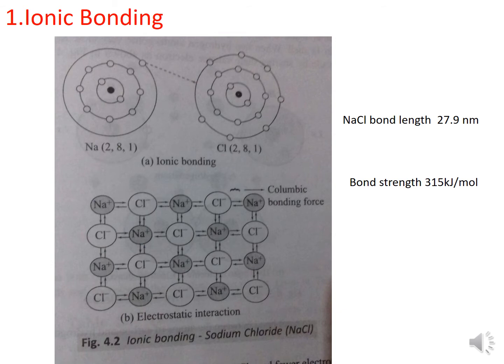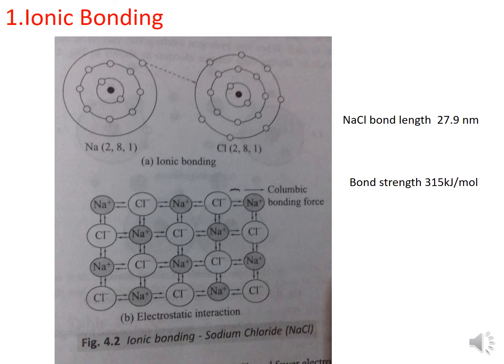In Na, in the outermost orbit, we have only one electron, whereas in Cl, the outermost orbit consists of 7 electrons. Sodium is eager to give that one electron because then the last orbit has 8 electrons. From the octet rule we know that it is chemically inert. Cl has 7 electrons and is very eager to take that one electron.